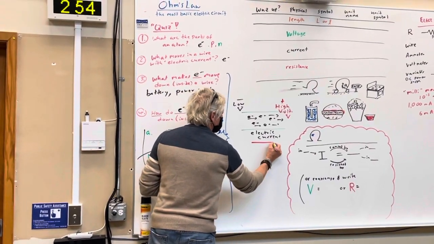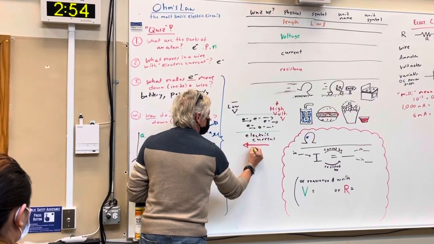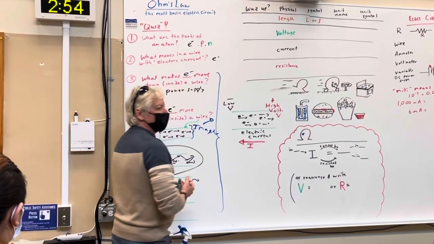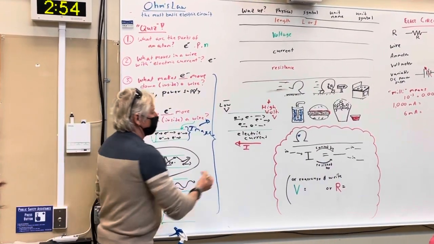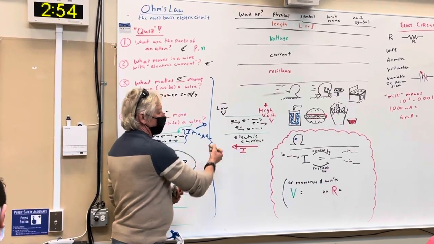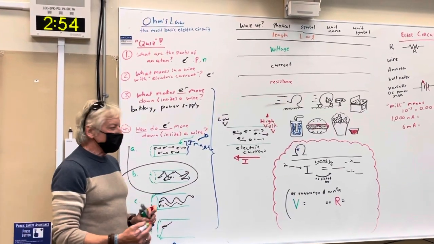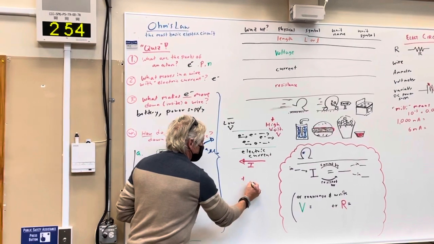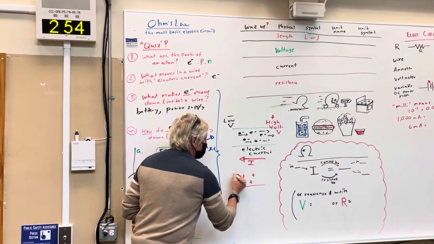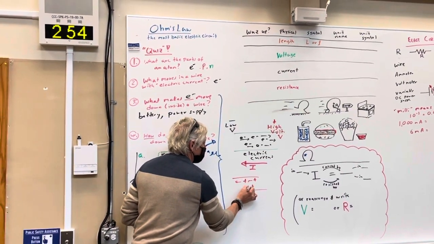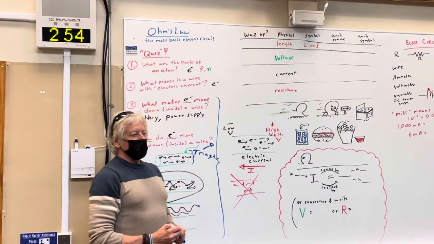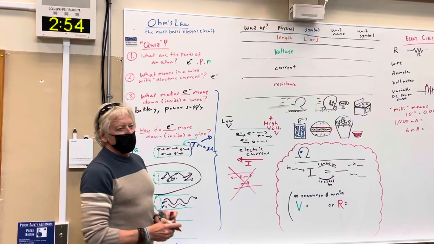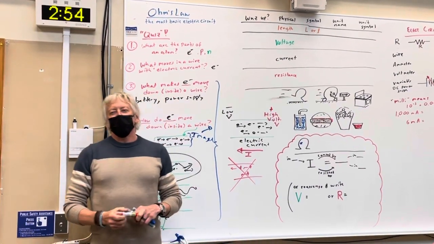So when we talk about the electric current, I like to think of the letter I, and imagine that positives are going to the right. Sometimes you will see pictures like this, with positive charges going this way. I hate that. Protons do not move in a wire. I hate that.